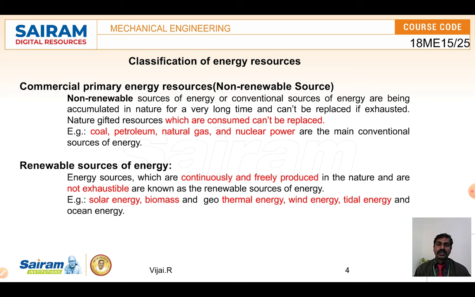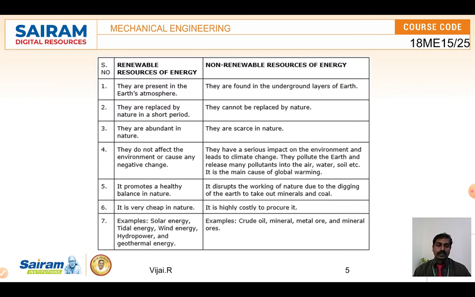Daily we are using solar energy, but tomorrow also we get it, and the next day also. Others are biomass, geothermal energy, the heat inside the earth, wind energy, and tidal energy. These are all renewable energy sources.